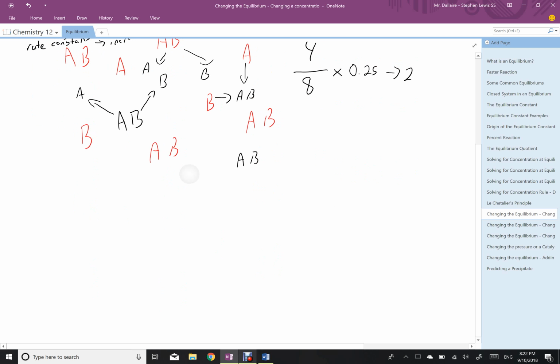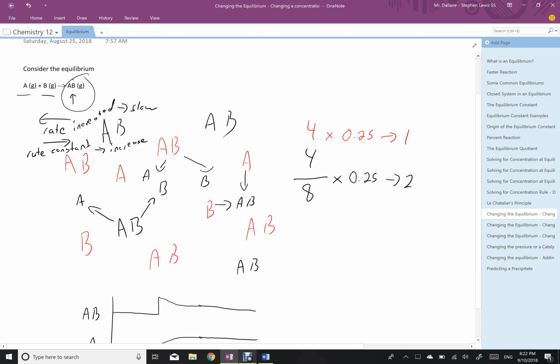So if I were to graph this, I would have A and B and AB existing at equilibrium in the first place. And then at this instant, I would add a bunch of AB, but because the rate of this decomposing would now be faster than those ones synthesizing to form it, it would slowly destroy itself, and these guys would increase until the rates equaled back out again, and we'd be back to equilibrium.